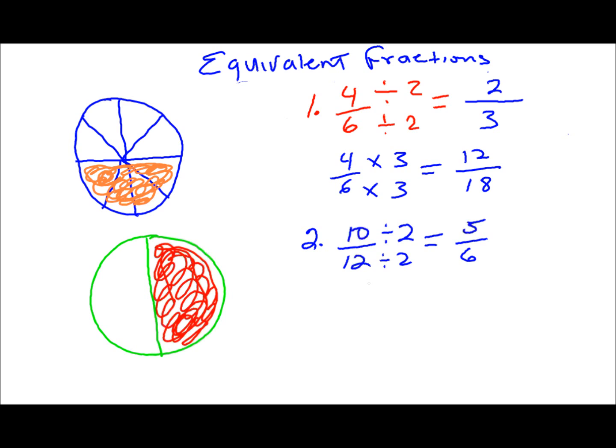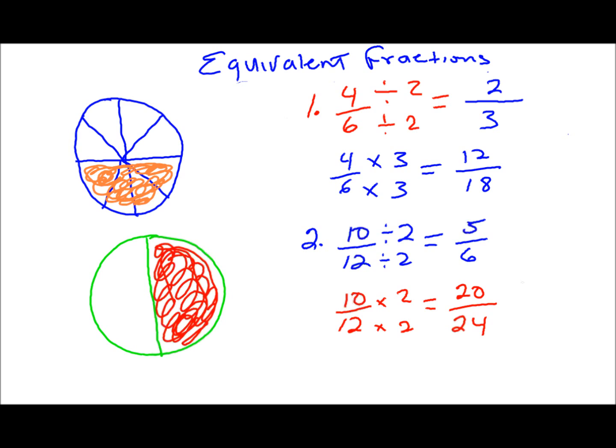And we can also take this same fraction, 10 over 12, and multiply it by 2. We won't go deep into this, just multiply it by 2. Here you'll see we get 2 times 10, which is 20, and 2 times 12, which is 24.